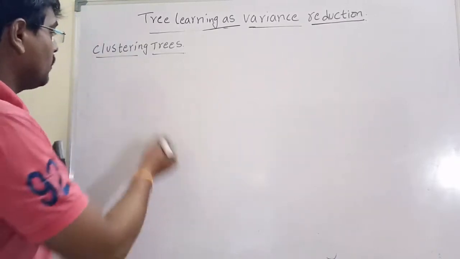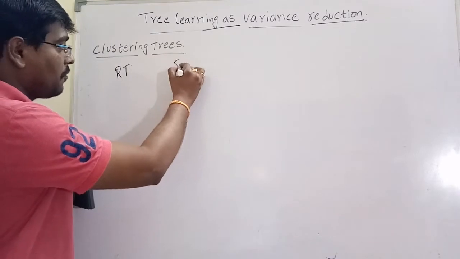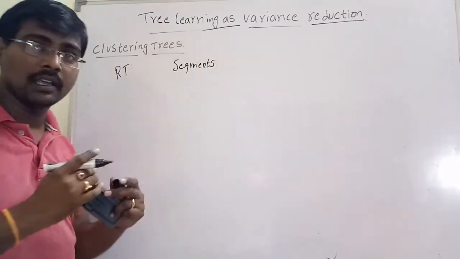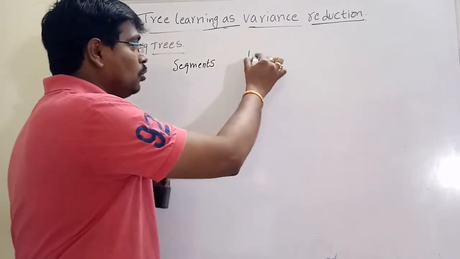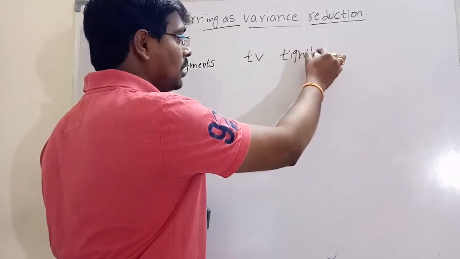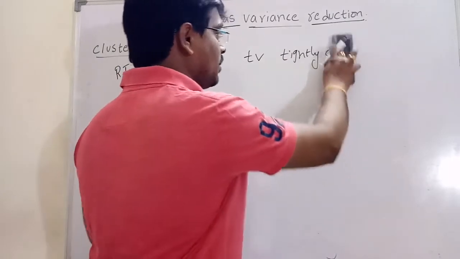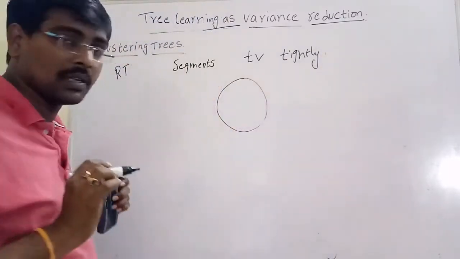Remember the definition of a regression tree? The regression tree finds an instance space segment whose target values are tightly clustered. Remember this point. We have to find an instance space segment.